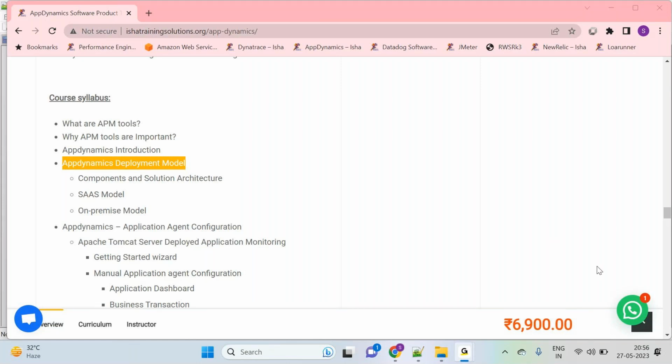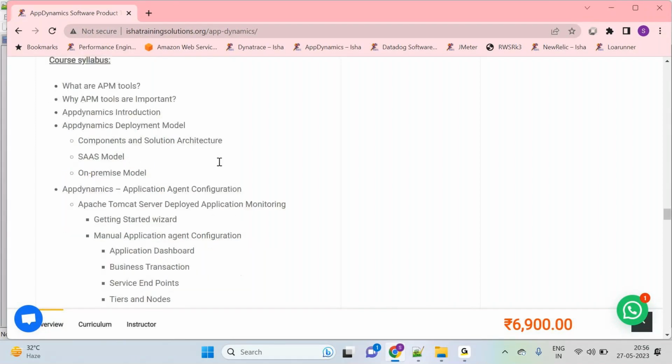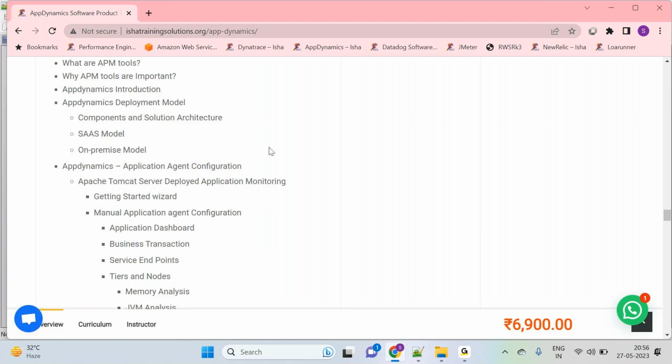So we are going to get that understanding first, the deployment model details, and then we start the primary topic. The primary topic is how we are going to configure the application agent in AppDynamics. This is the way I will proceed.